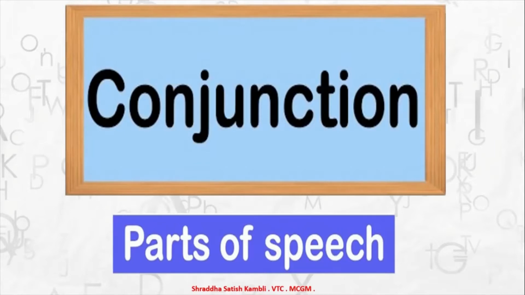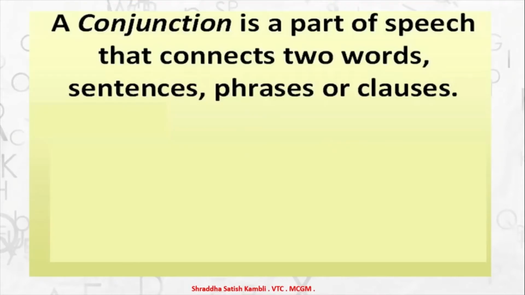the adjective is a part of speech, the adverb is a part of speech, in the same way, conjunctions are also parts of speech. Alright? Now, a conjunction is a part of speech that connects two words, sentences, phrases or clauses. So this is the definition, you can say, or the meaning of a conjunction.